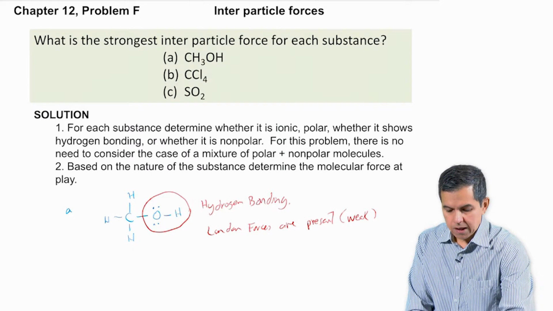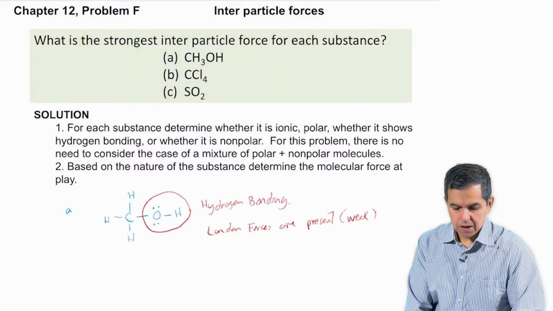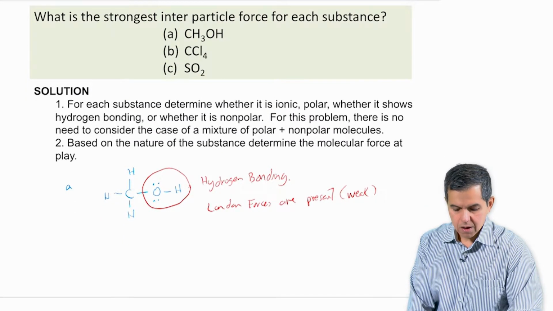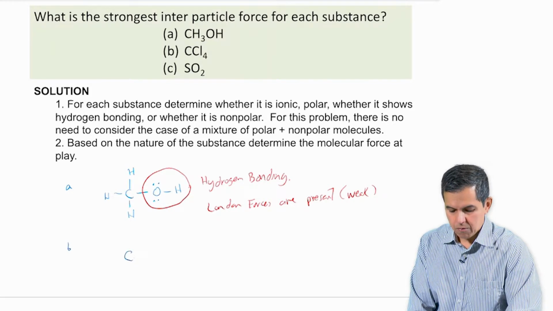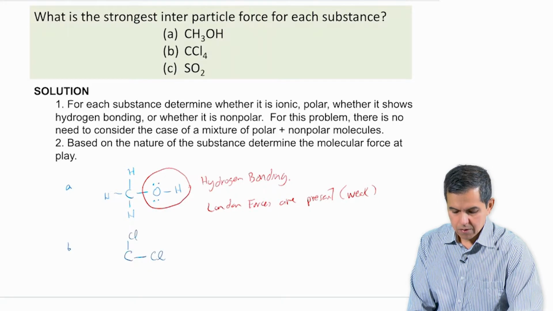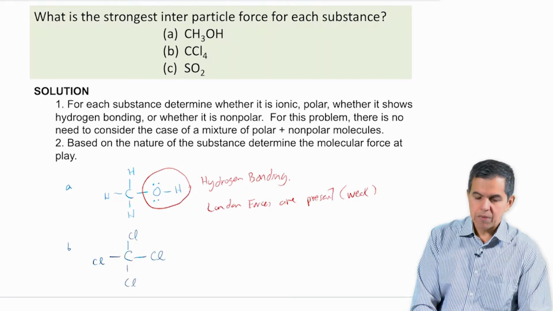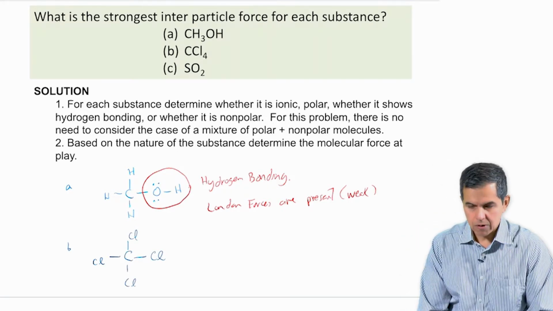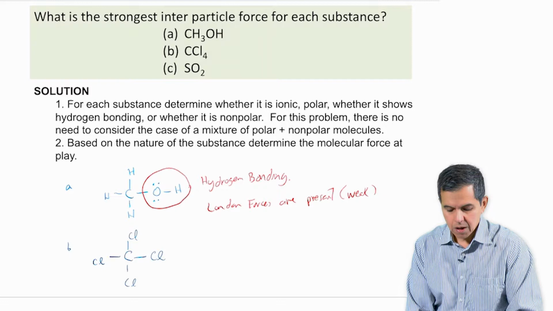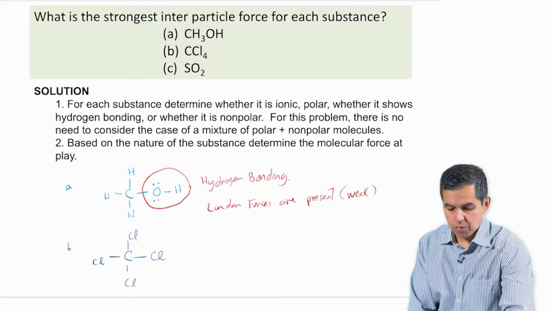So now, let's talk about the next part, carbon tetrachloride. In this one, the central atom is a carbon, and we are going to have four chlorine atoms in a tetrahedral arrangement. For simplicity in the representation, I will not indicate the tetrahedral shape, but what we can see immediately is that this molecule is nonpolar.